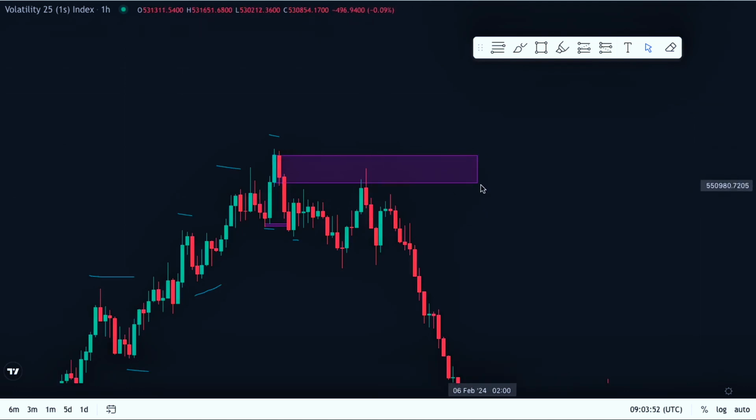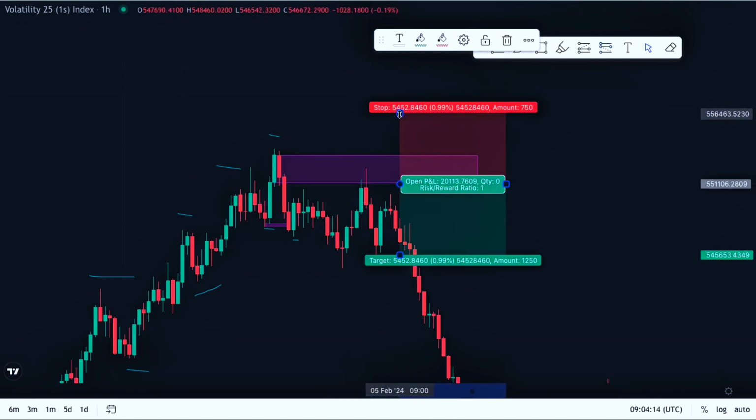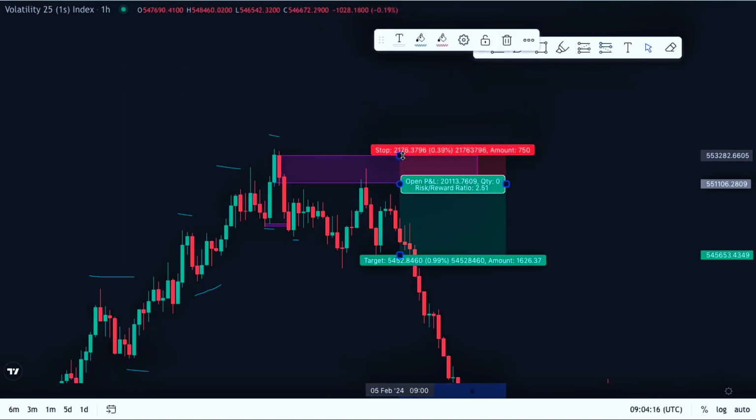As you can see, it is very big. If we wanted to target this low as our take profit from this area here, from this order block, like this, and then target this low right here.